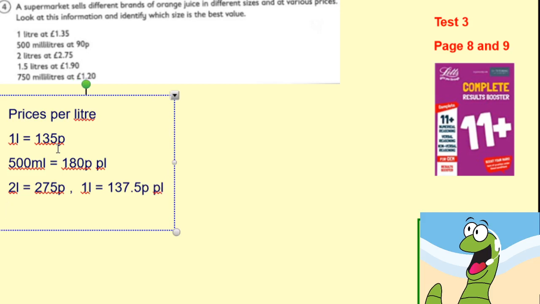The next one is 1.5 litres at £1.90. So it's 1,500 millilitres, and that equals 190 pence.